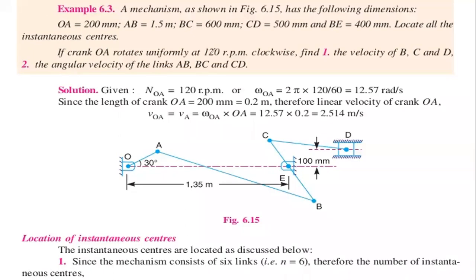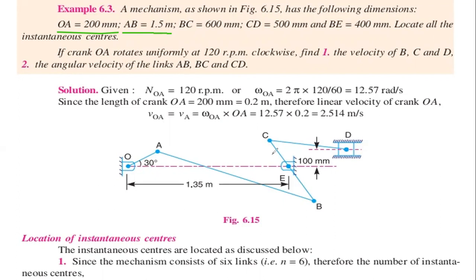A mechanism as shown in the figure has the following dimensions. The OA length is 200 mm, and AB is equal to 1.5 meters.